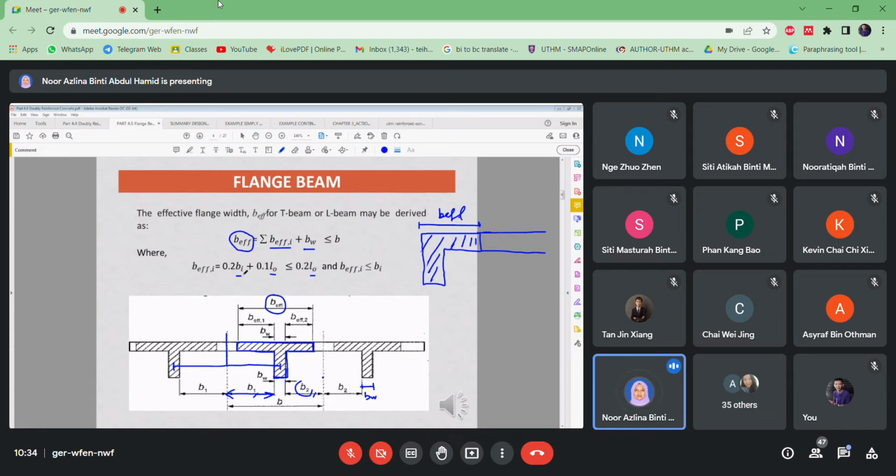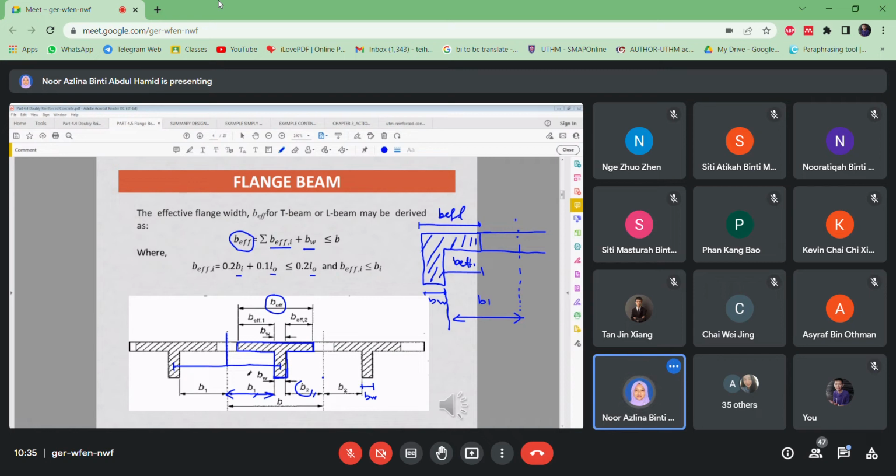It only has one side here, which is B effective 1, because only one side. This is still BW, this is still BW. So from this concrete surface to the half of the span, this is B1. Okay, because of L beam it only has one side.